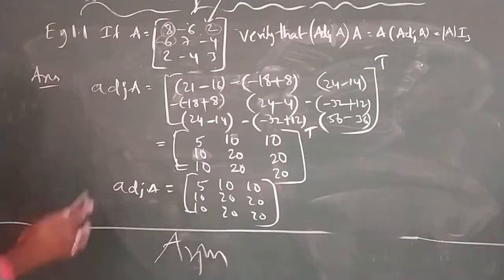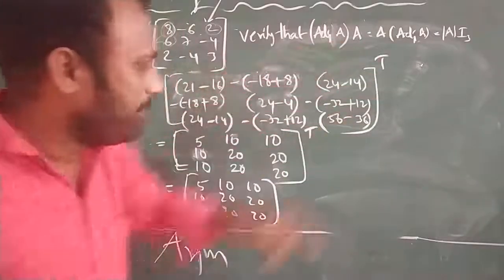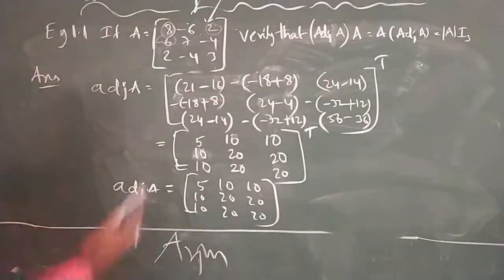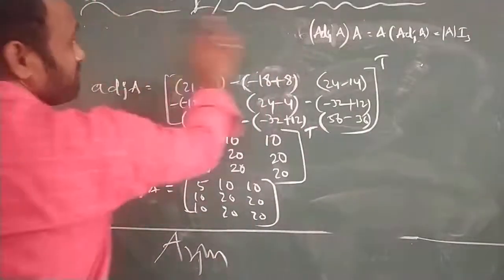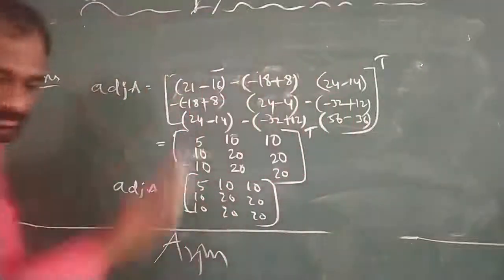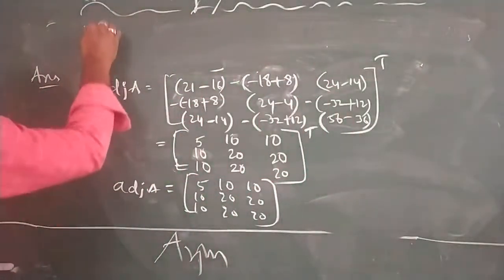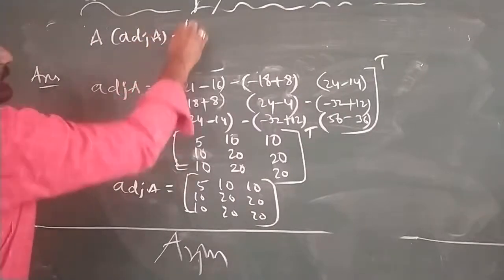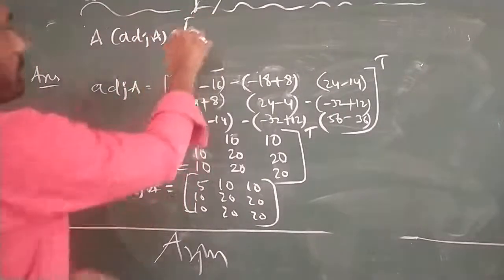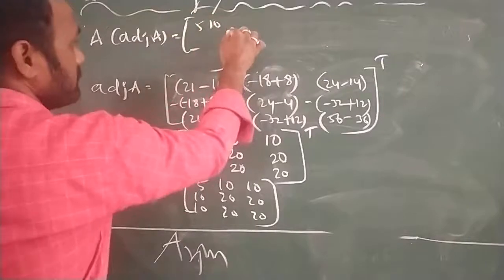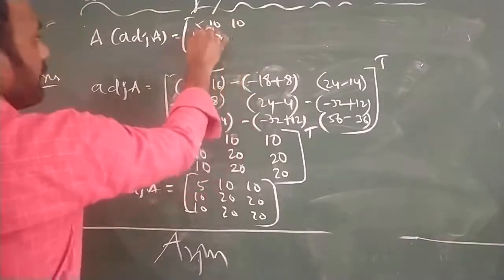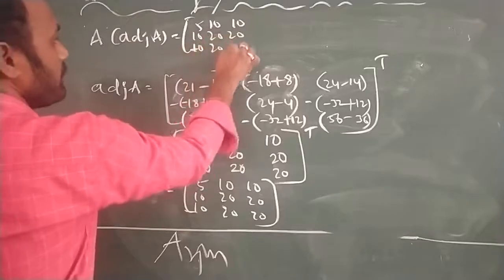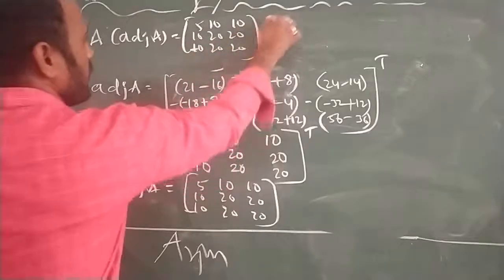Now, for this adjoint A, I need to multiply with A matrix. Let us see. So A into adjoint A matrix. So that is, adjoint A matrix is 5, 10, 10, 10, 20, 20, 10, 20, 20 into A matrix.